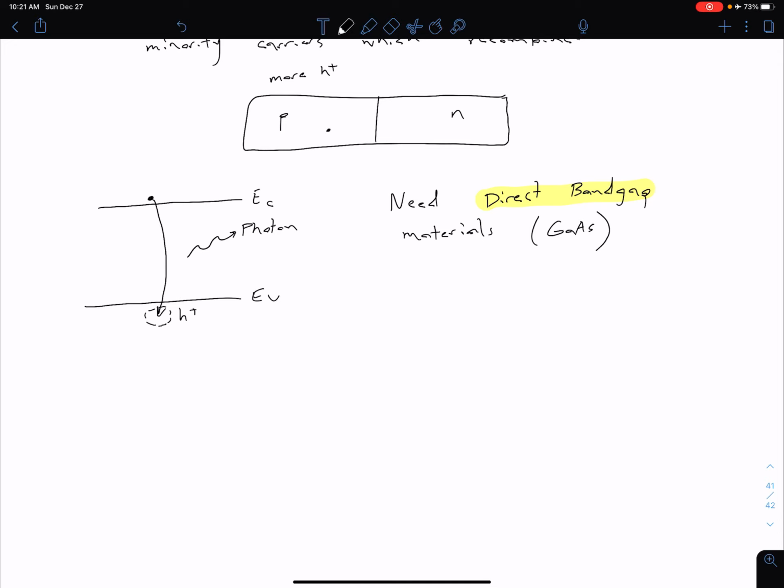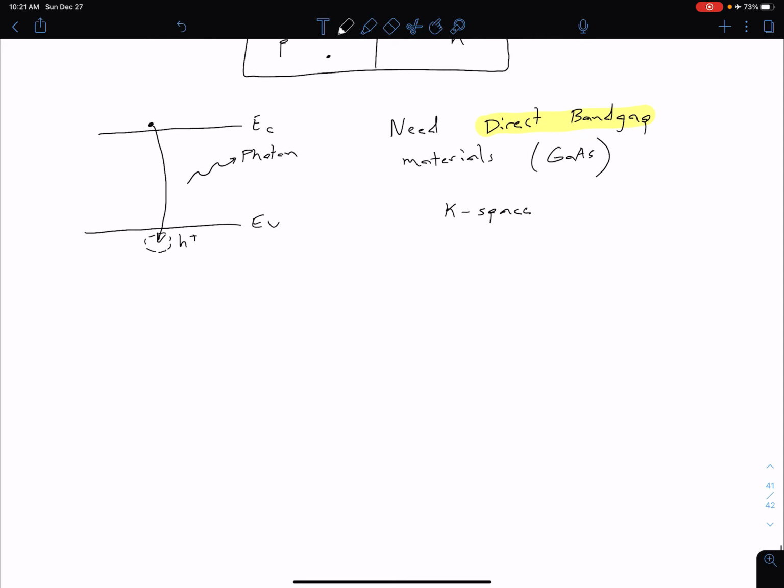And so this is again something that's a little beyond the scope of our text, but for those interested, basically you can look into something called K-space, and it ultimately refers to whether or not the momentum of our electron has to change as it's moving from our conduction to our valence band.